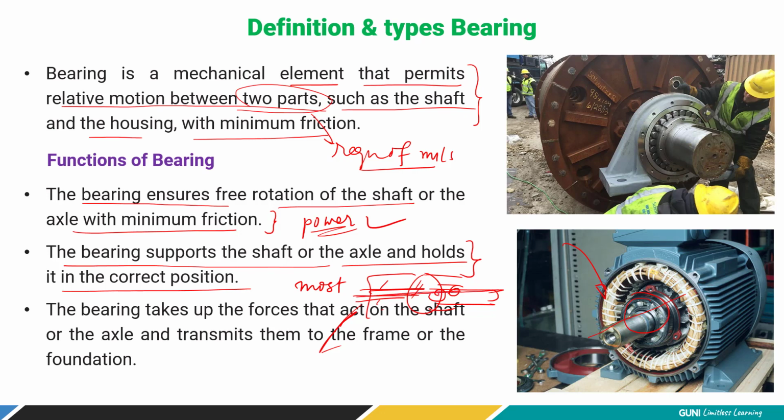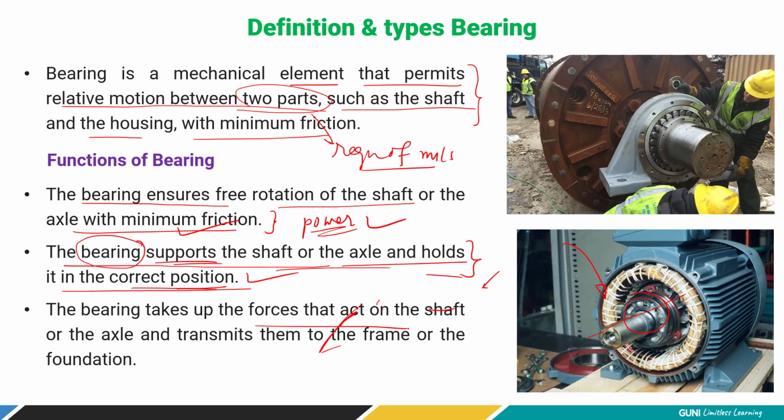When it's rotated, it should not move outward or have offset motions, right? So it is only possible by the use of proper bearings, right? So the bearing must support the shaft and axle in the correct positions. If it is not happening, you are not able to get the proper turning diameter, right? So this is also a function of a bearing. It provides minimum friction motion and also holds the shaft and axle in a correct position.